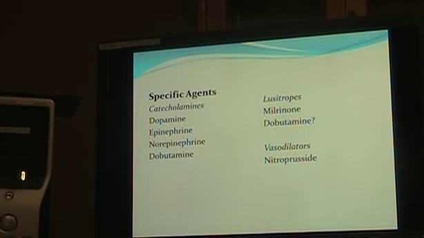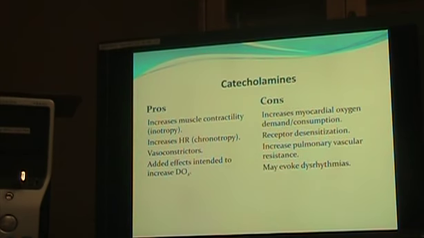Epinephrine at lower doses is thought to be more of an agent to help with heart squeeze and to increase heart rate, and norepinephrine at low doses is thought to help more with vasoconstriction. Lusitropes are thought of as helping the heart relax, with milrinone as the prime lusitrope that we use. Again, never use lusitropes unless you've had discussions with medical control. And vasodilators, typically in the acute period, we'll think about running nitroprusside.